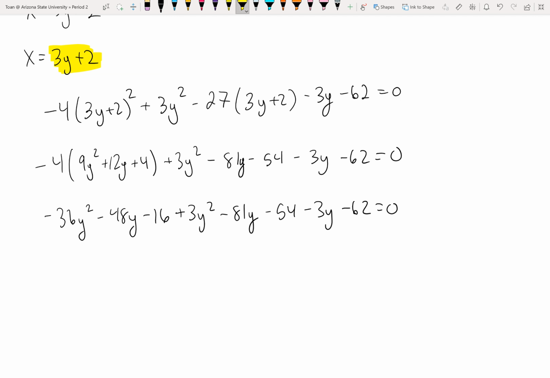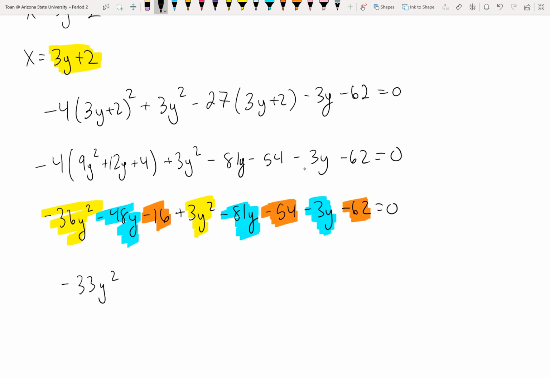Combine like terms. So let's see. I got some y squares here. I got some regular y's. And I have constants. So we're just going to combine all of those together. -36y squared with the positive 3y squared is a -33y squared.